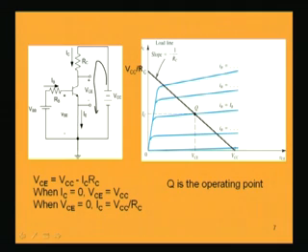Now, if I have a different IB, my Q point will be different. IB can be different only when I change this RB value, since RB is determining the IB. So, with a different RB, I may have a different DC value of IB, and the Q point will shift above or below the ideal point.